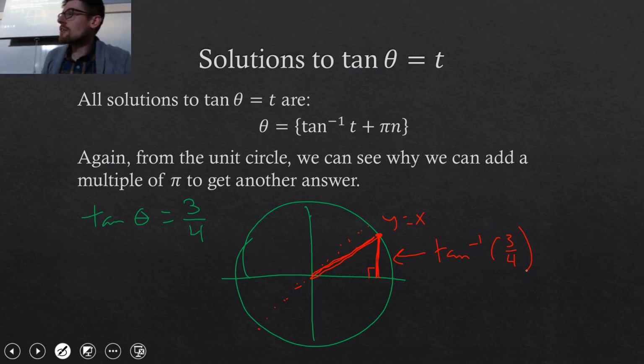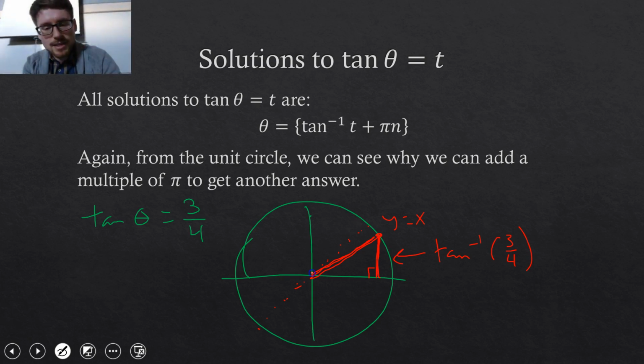I tell you that there's another answer on the unit circle. There's another angle. Can anybody tell me what quadrant the other angle might be in that has the same slope? Not quadrant 2, but in fact quadrant 3, because we need the slope to be positive as well. And so if I were to extend this line over here, we'd have the same slope, and we'd be in quadrant 3.